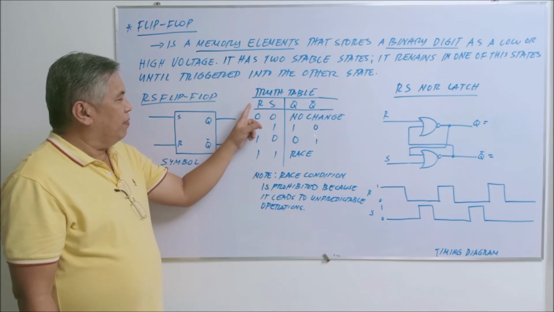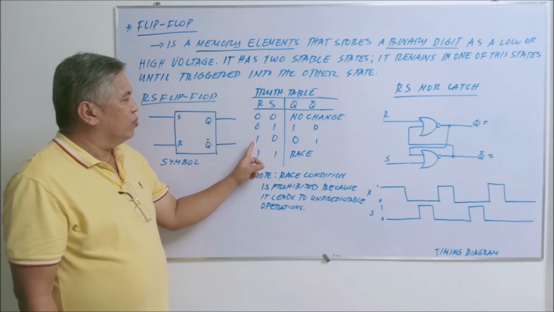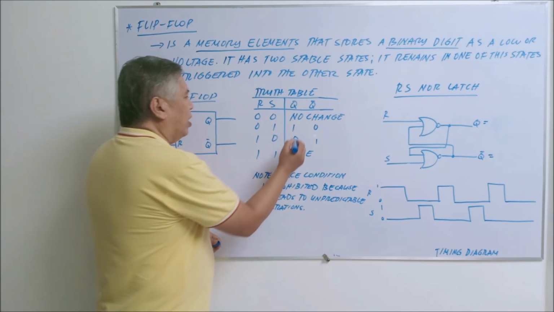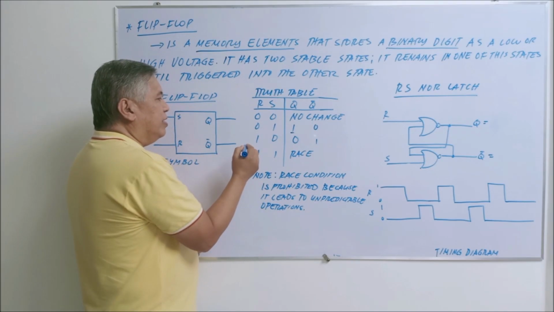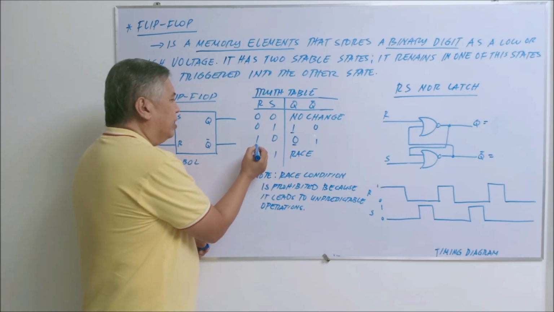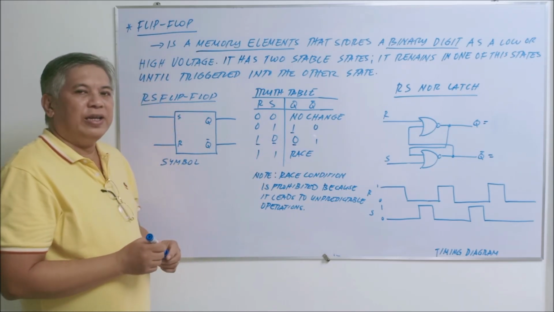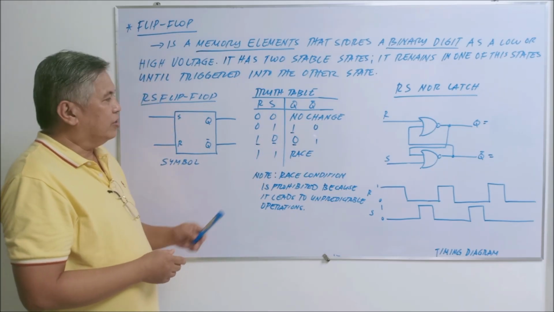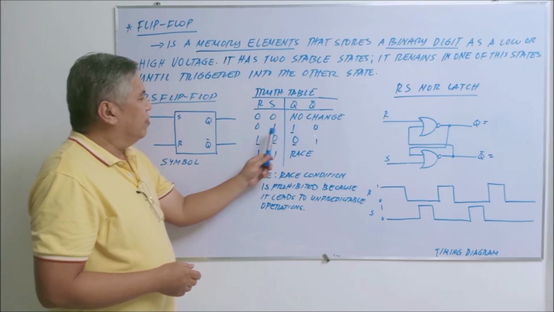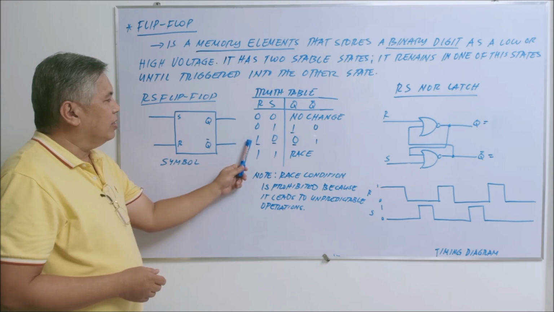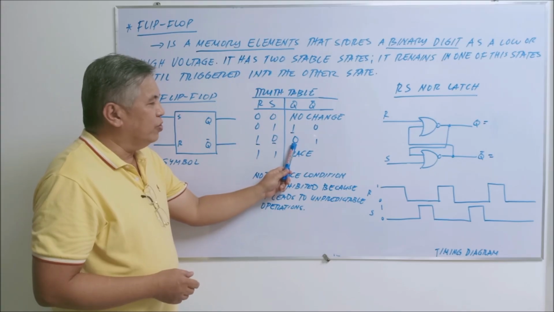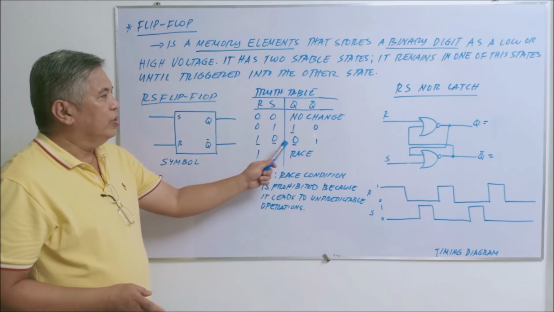If the inputs again R and S is 1, 0, then from the previous output, which is 1, it will be triggered into another state, which is 0, because of the input R and S, which is 1 and 0. Okay? So, from the previous output, which is 1, once an input R and S are inputted, which is 1 and 0, the output Q will be changed to 0 state.